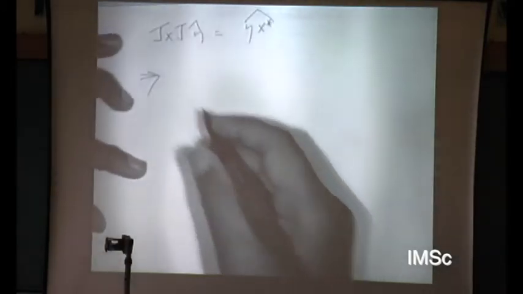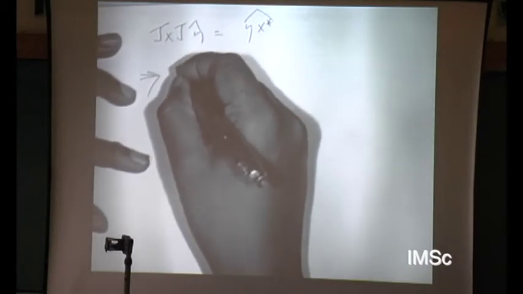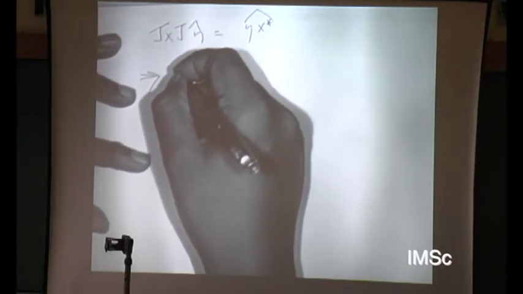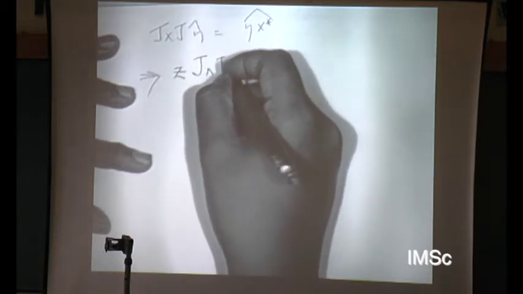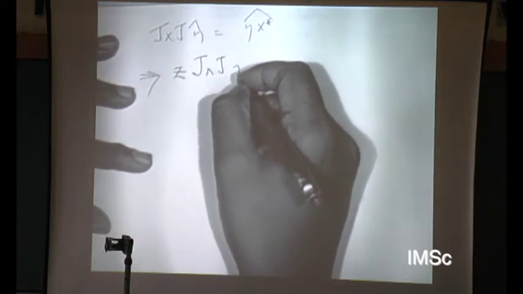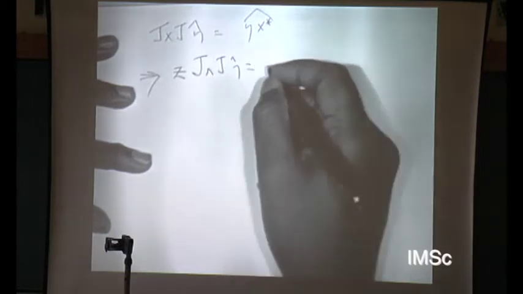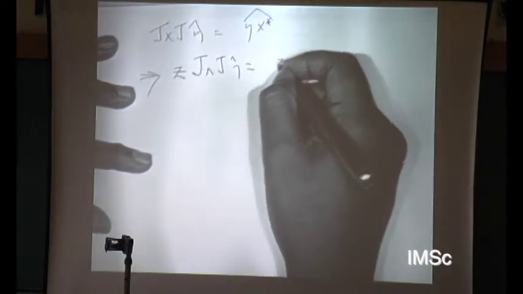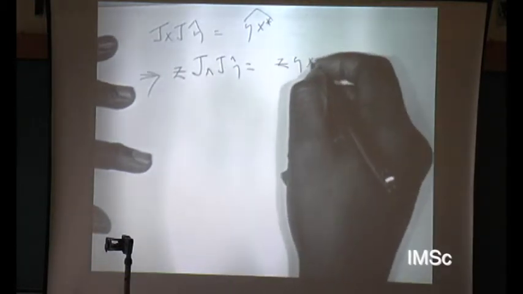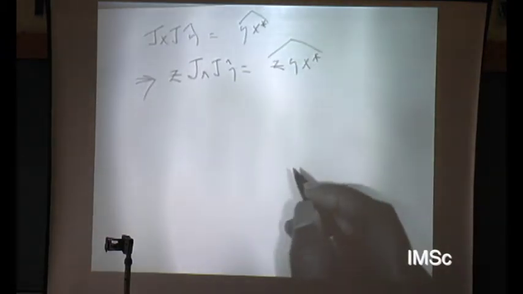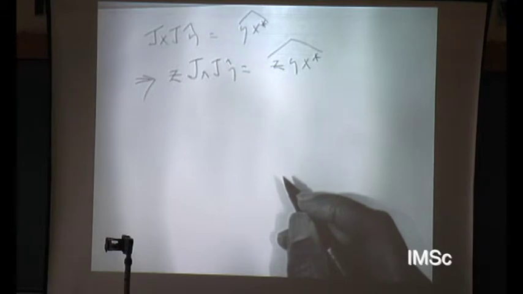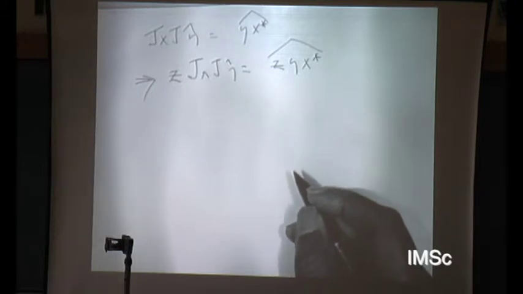So this will imply, I showed you last time, that z J x J of y hat equals z y x star the whole hat, whichever way you want to combine the triple product.